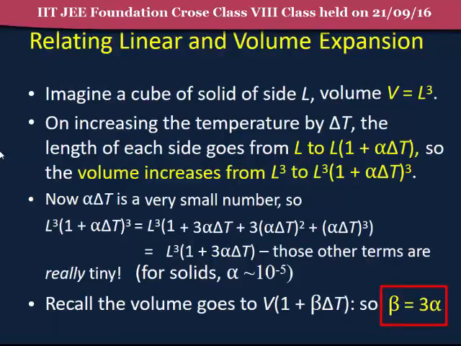Alpha is almost 10 to the power minus 5, and beta is what? Because the volume goes to 1 plus 3 alpha del T, beta is almost 3 times alpha. Any problem?